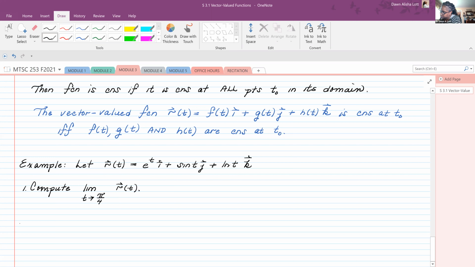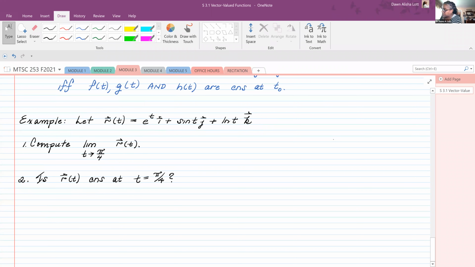Second question, is r of t continuous at t equal to pi over 4? And then third question, is r of t continuous at t equal to 0?